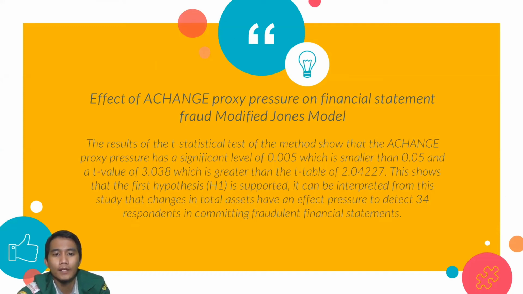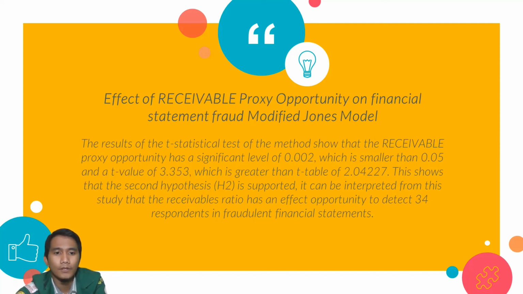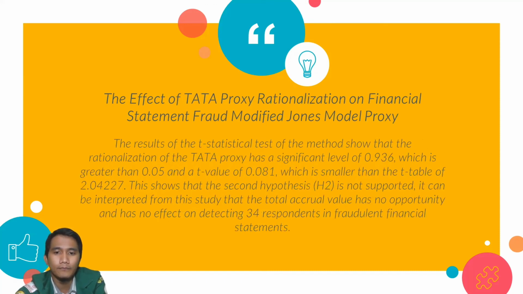It can be interpreted that the change in total assets has an effect as pressure to detect the 34 companies committing fraudulent reporting. The second hypothesis, H2, is supported: the receivable ratio as an opportunity can detect the 34 companies' fraudulent reporting. The third hypothesis is not supported: the total accrual value as rationalization has no effect on detecting fraud.